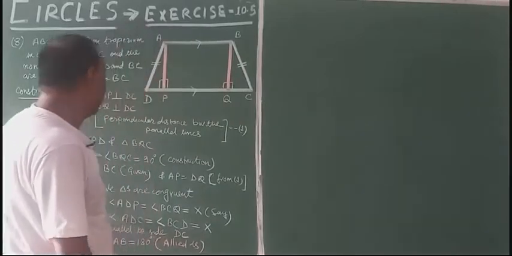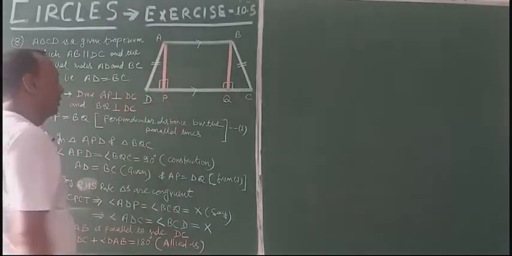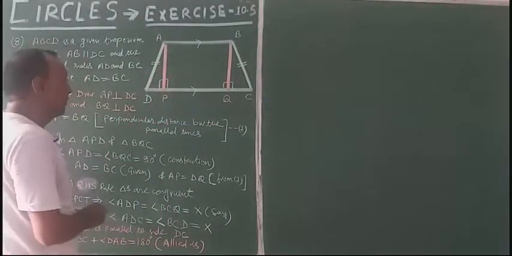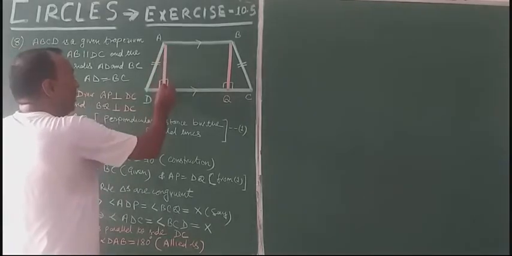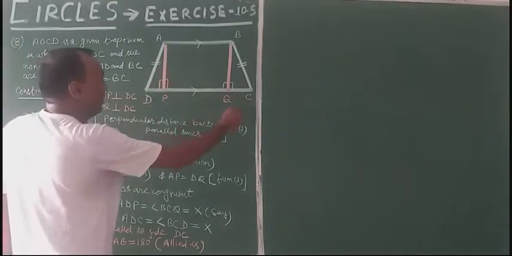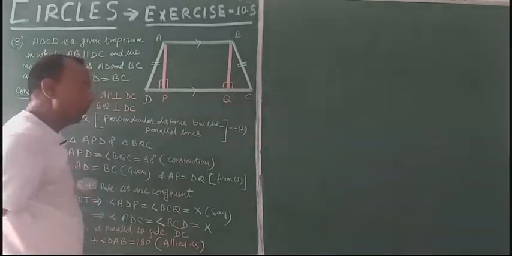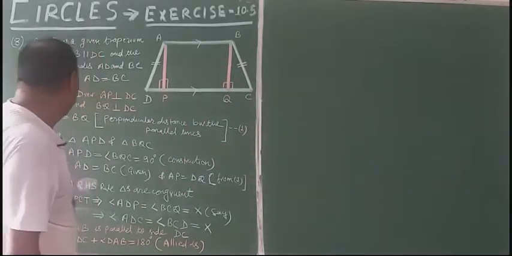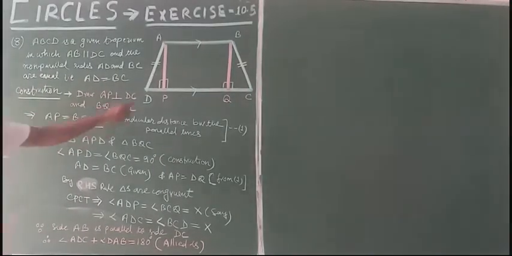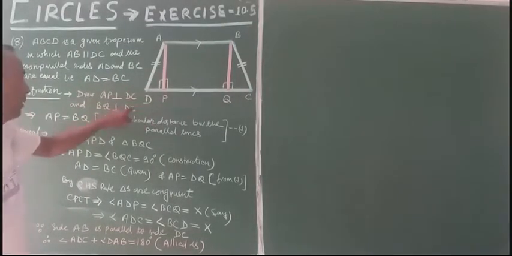So now just look here, look at the construction part. This AP is drawn perpendicular to DC and this BQ is also drawn perpendicular to DC. This is our construction work. Draw AP and BQ perpendicular to DC.